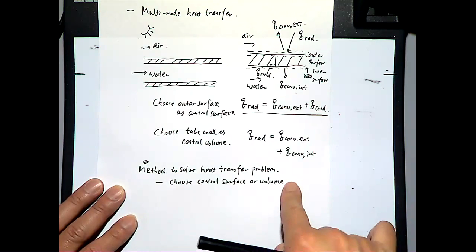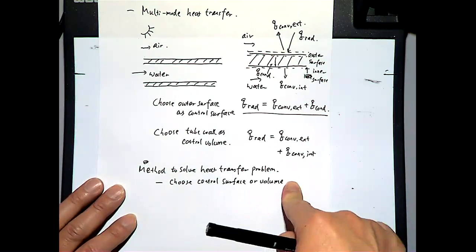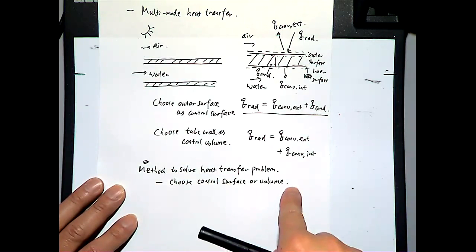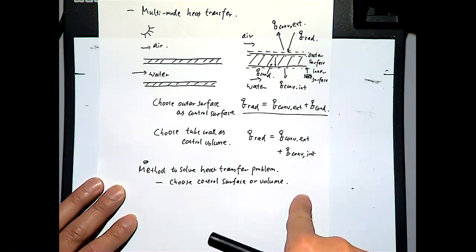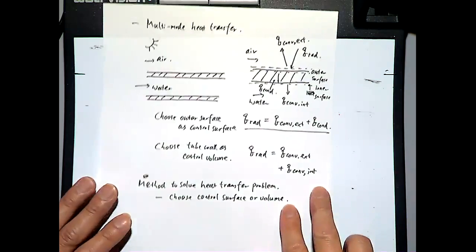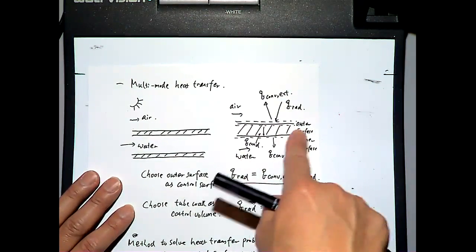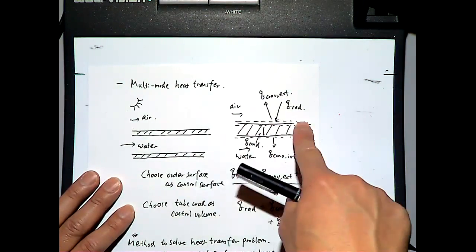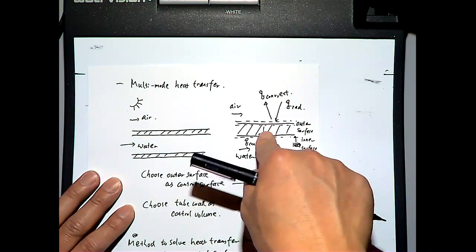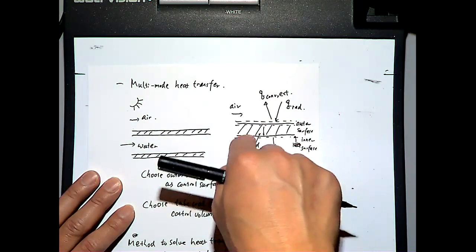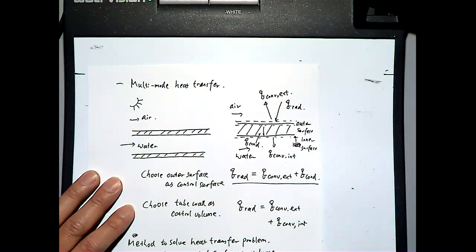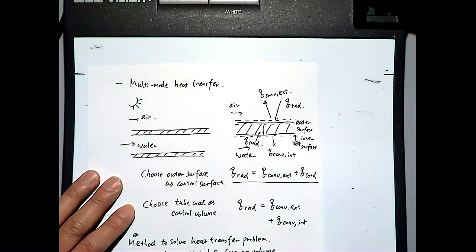We stress this is important because often, if you don't tell yourself what surface or what volume you're doing your energy balance on, you get confused. For example, if you choose the wall thickness as the control volume, do not get confused why in my equation I don't have a conduction term there, right? So choose your control surface or control volume, then stick to it.